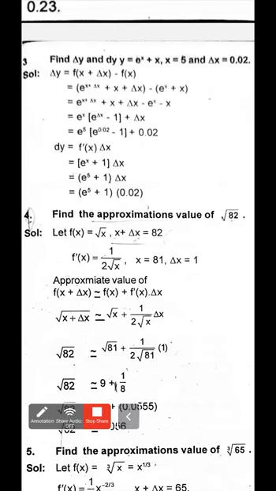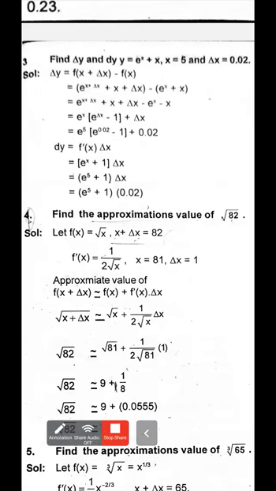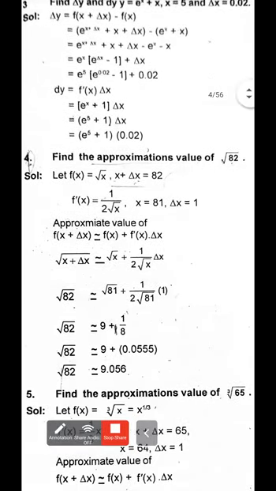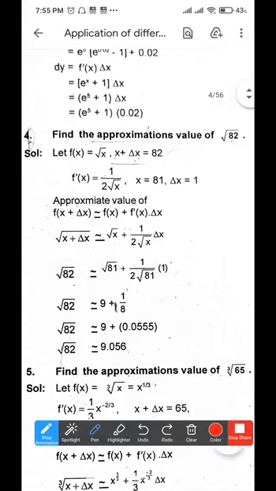Find the approximate value of root 82. Let f of x is equal to root x and x plus delta x is equal to 82.